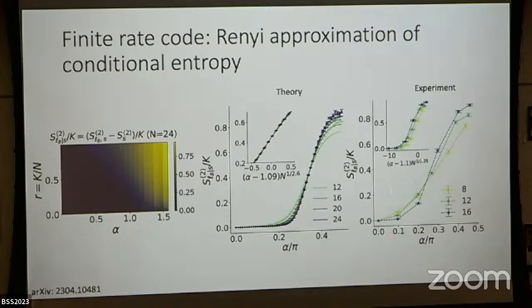This shows theory and experiment next to each other, and I think this is a really nice case where we see this phase transition and a nice scaling collapse that corresponds nicely with the behavior we expect in theory. In the experiment, we go up to size 16.